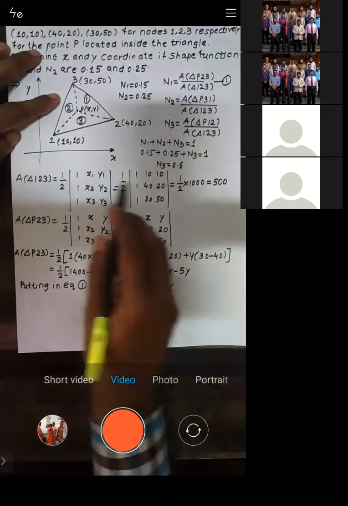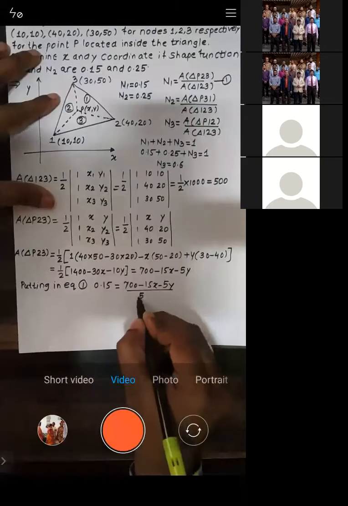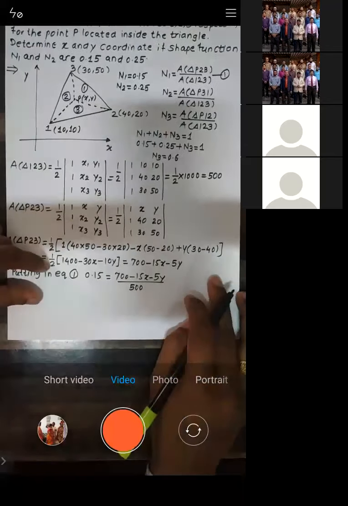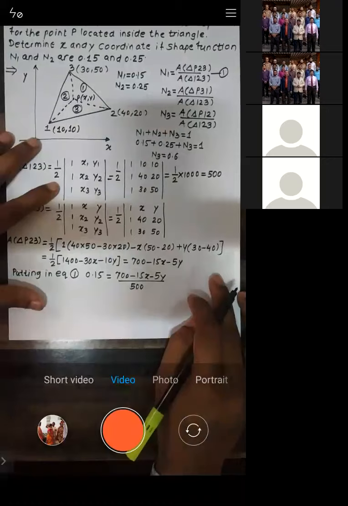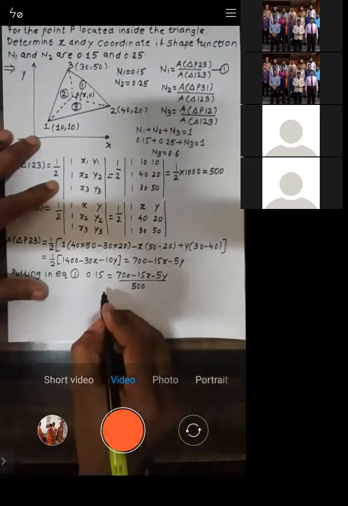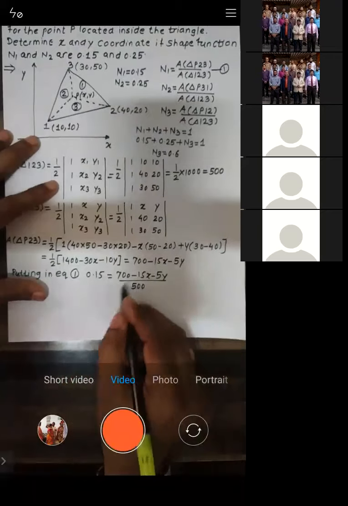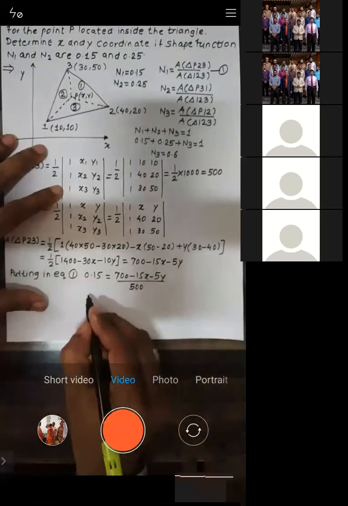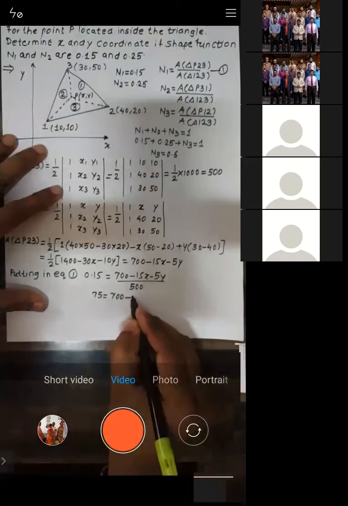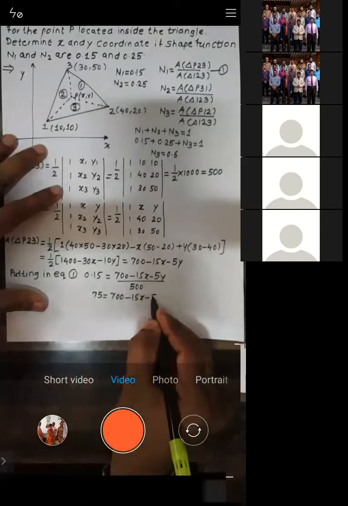What is the area of triangle 123? It's 500, right? Now 0.15 into 500 is 75. So 75 is equal to 700 minus 15x minus 5y.